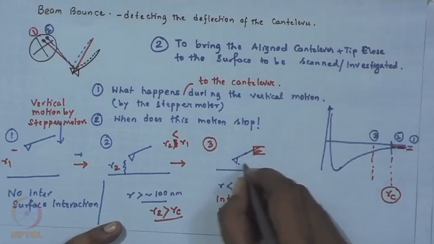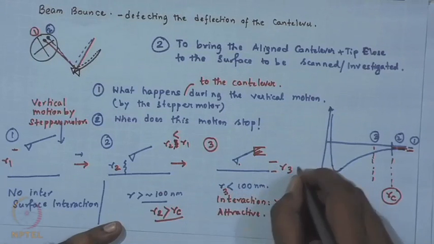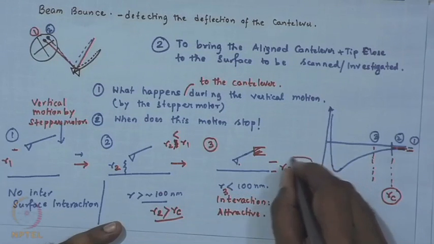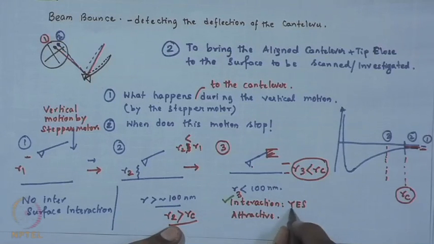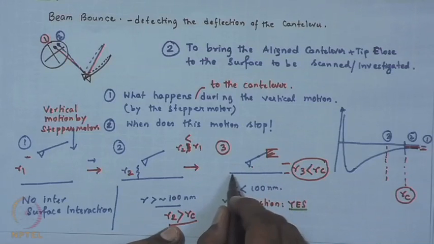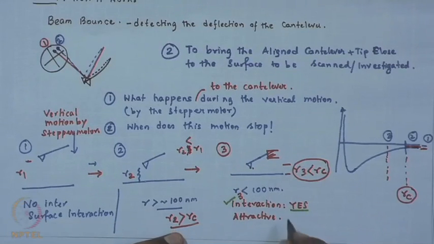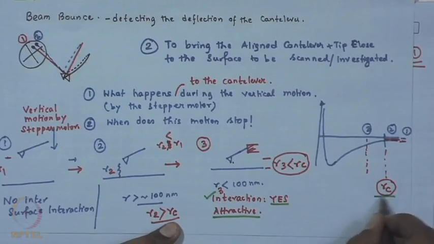the separation distance, let us say R3 over here, is now lower than RC. Therefore, the additional thing that crops up is that there is now an active interaction between the two surfaces, that is, the tip and the sample surface. And we also understand the nature of this interaction is attractive.